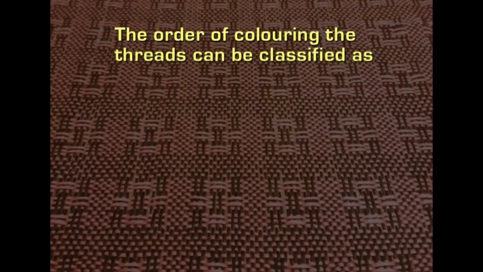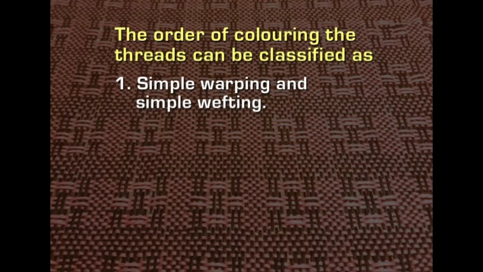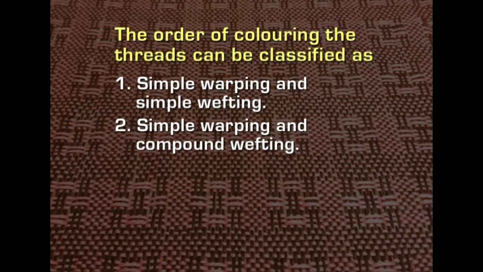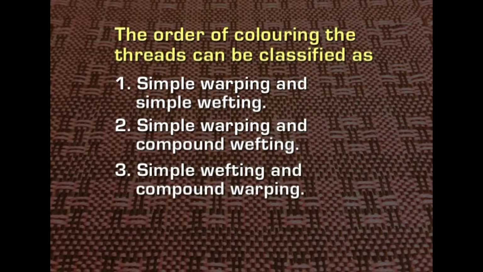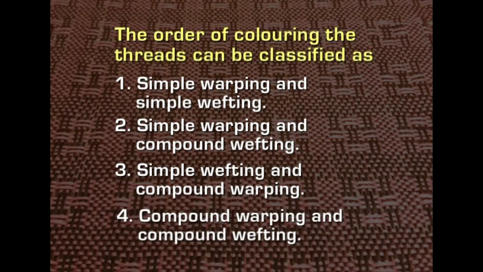The order of coloring the threads can be classified like simple warping and simple wefting, simple warping and compound wefting, simple wefting and compound warping, and compound warping and compound wefting.